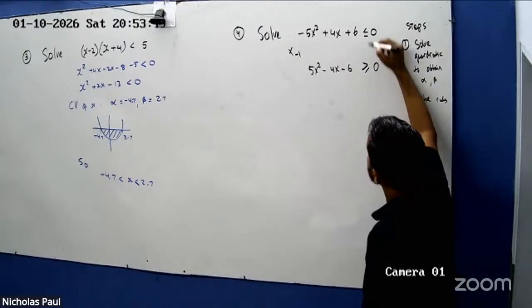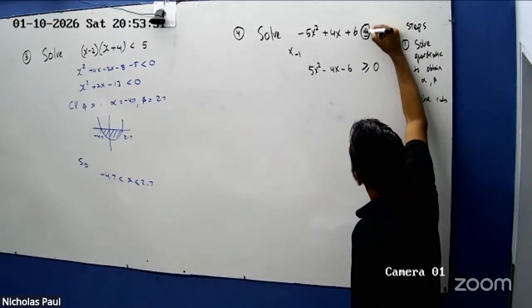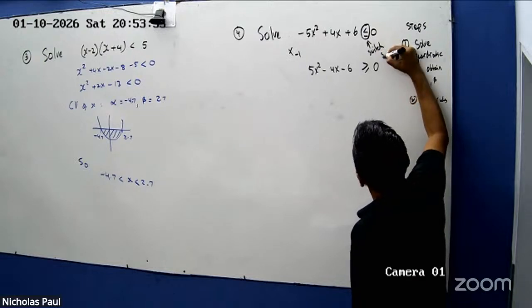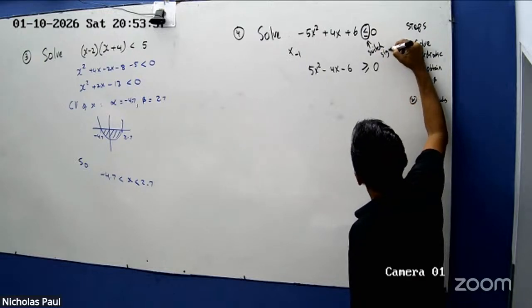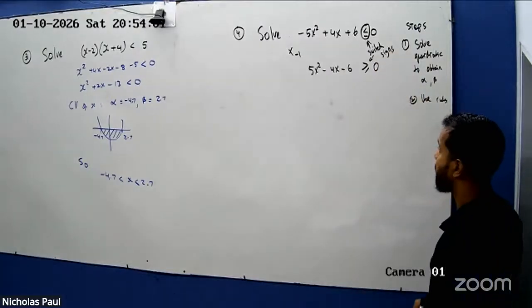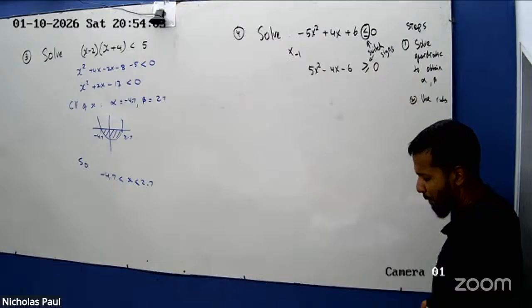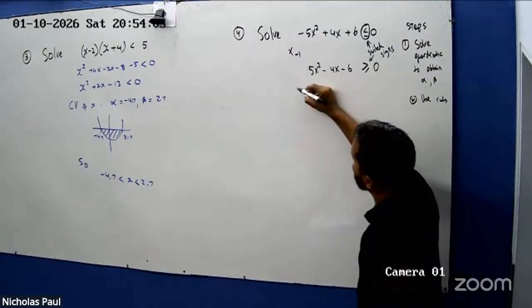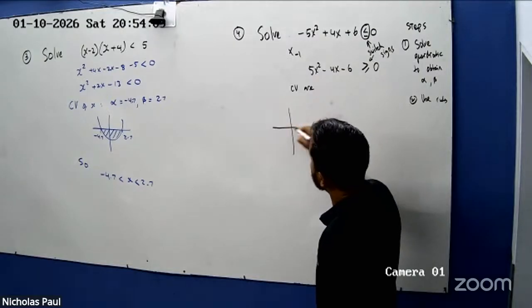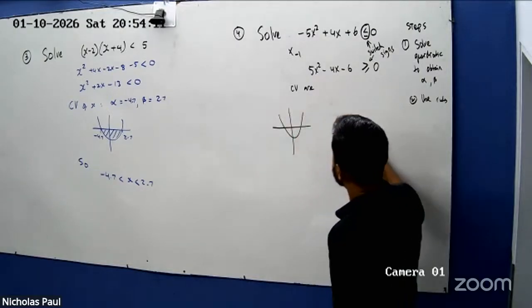I want you to remember to switch the signs. Then you solve. Critical values, you do your little sketch, and then your solution.